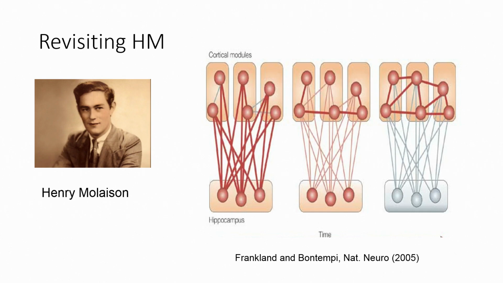That introduced the notion of a process called systems consolidation, wherein the hypothesis is that initially the information coming from various different cortical modules is getting integrated in the hippocampus and forms an integrated picture of an event or a memory in the hippocampus.